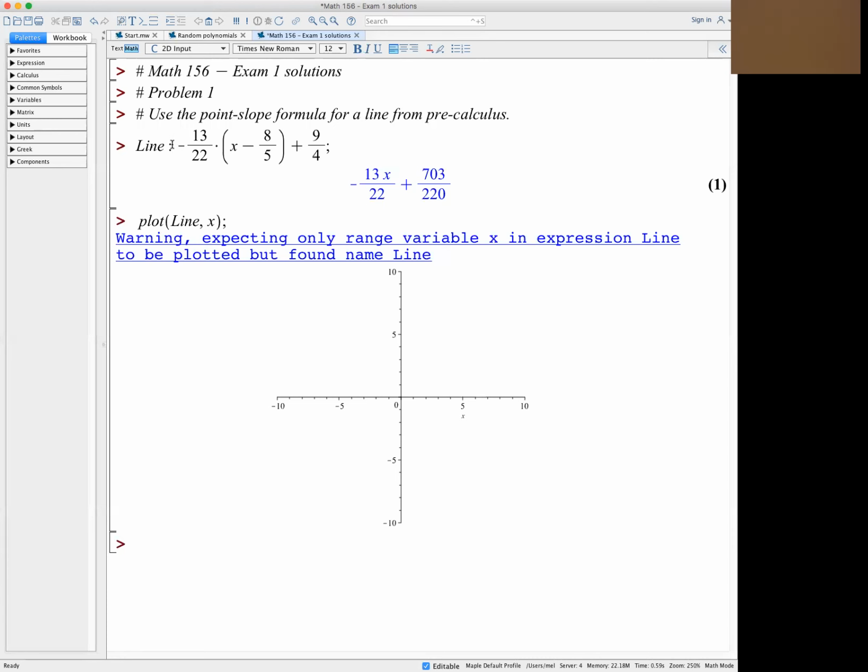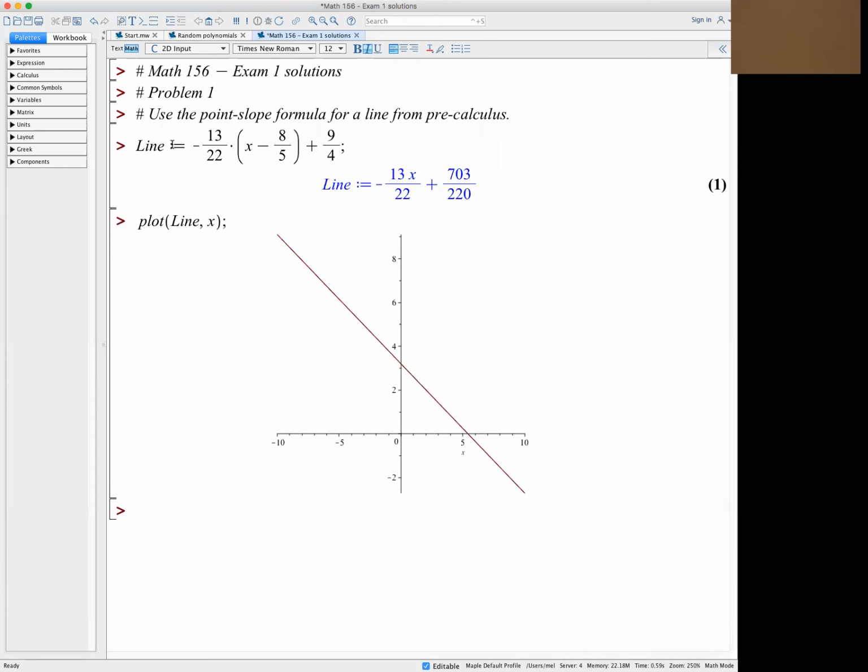oops, forgot the equal sign. That's the problem. There we are. Line, you assign this to the variable line, colon equals. Now it works out perfectly. And what is the y coordinate? Well, this is already in the form y equals mx plus b. This is the y-intercept.